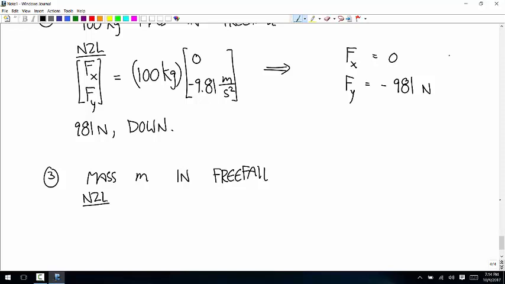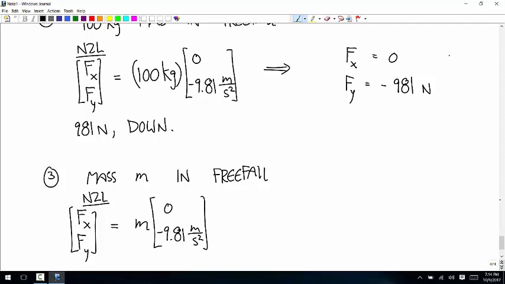Then Newton's second law says the components of the weight force are equal to m times the acceleration in free fall, and so Fx is 0 and Fy is negative 9.81 meters per second squared times m.